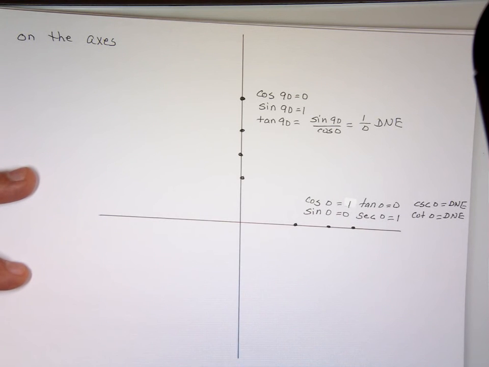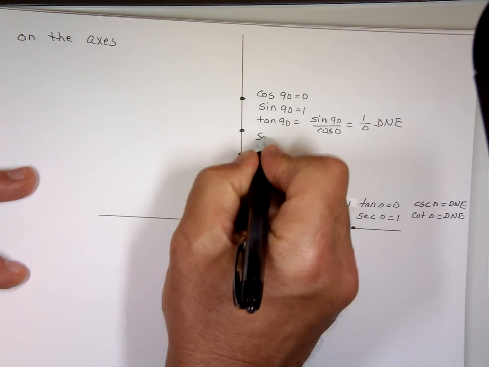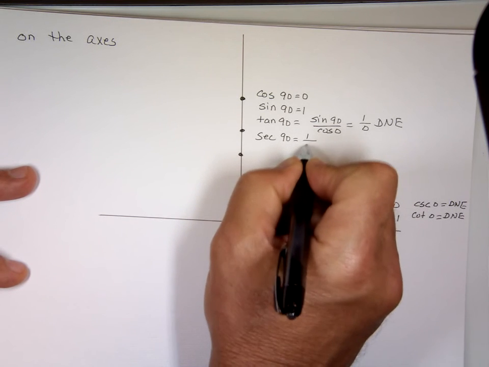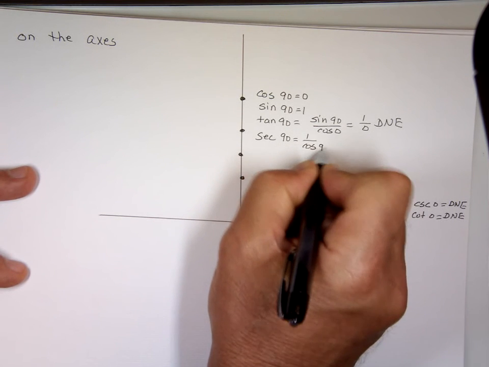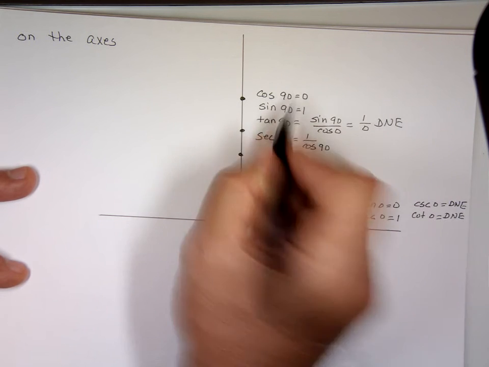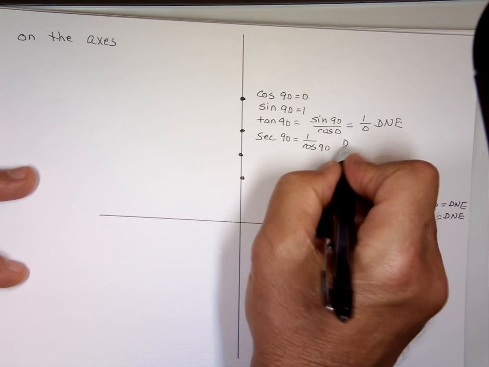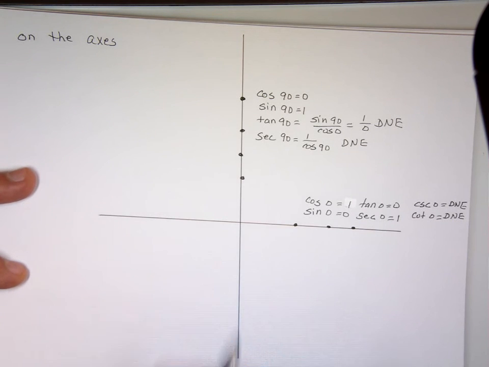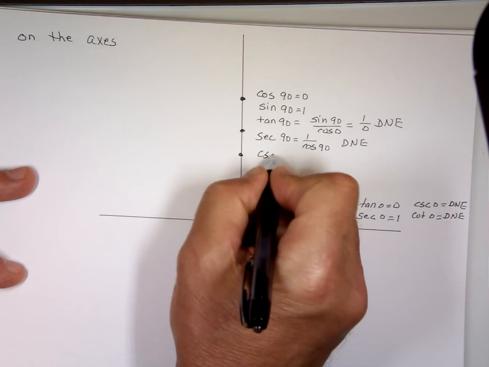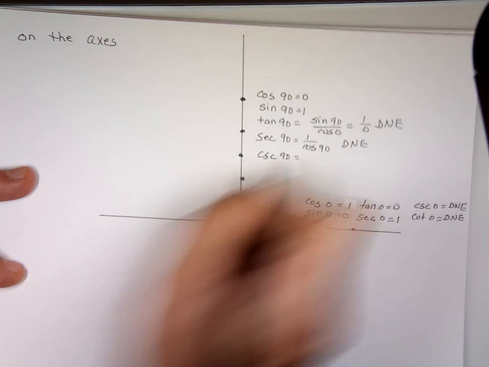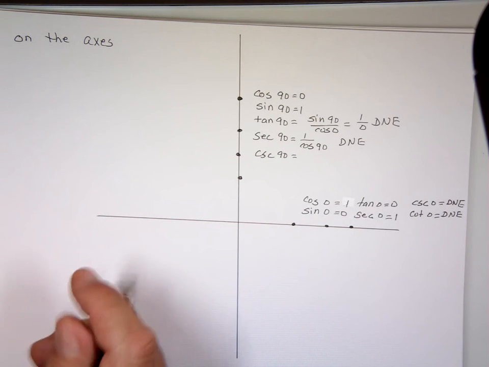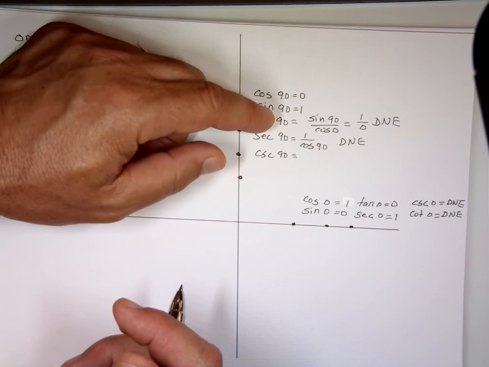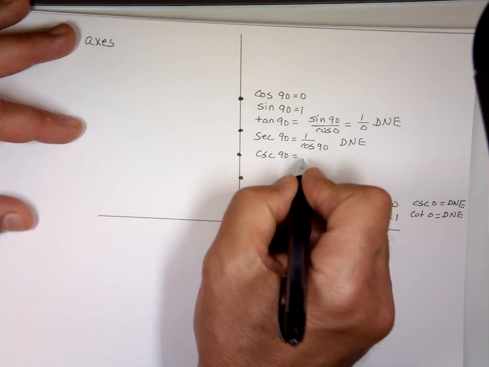Secant, it's 1 over cosine. Cosine of 90 is 0. What's 1 divided by 0? Does not exist. Cosecant. Cosecant is what? 1 over sine. 1 divided by 1, which is 1.